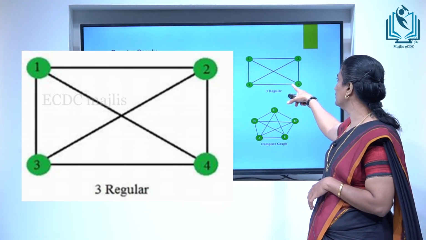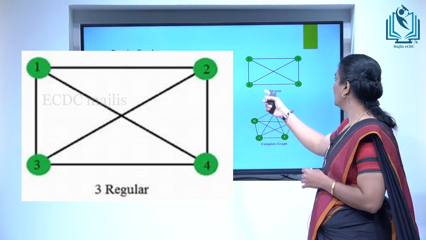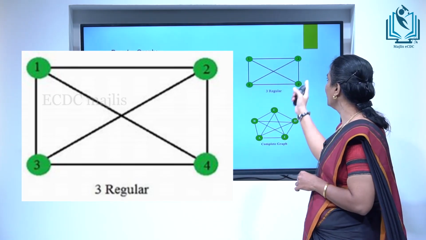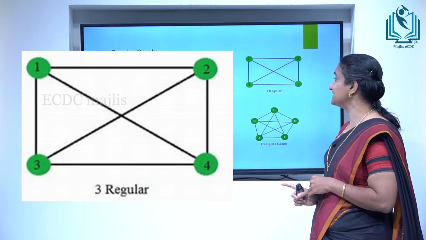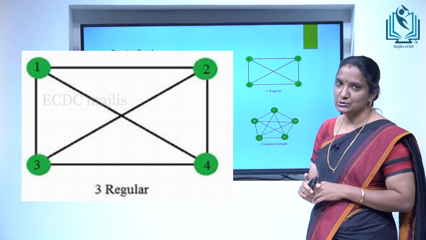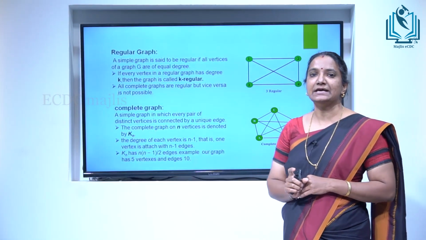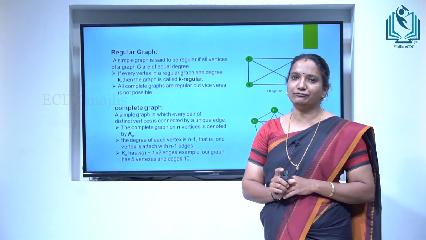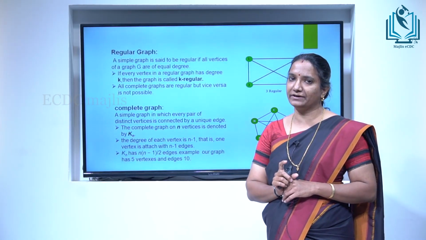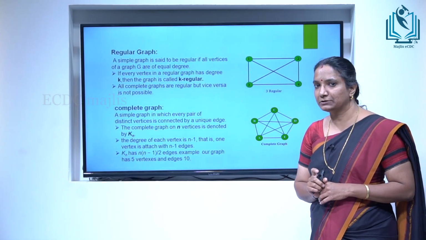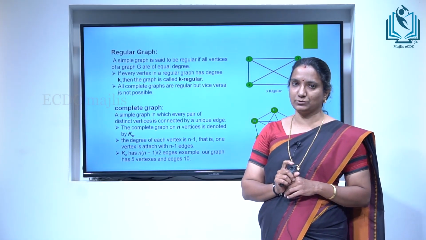Then vertices 4 and 3 also have degree 3. So all these vertices have the same degree, that is 3. So we call it 3-regular, that is a regular graph. All complete graphs are regular, but the reverse is not true.